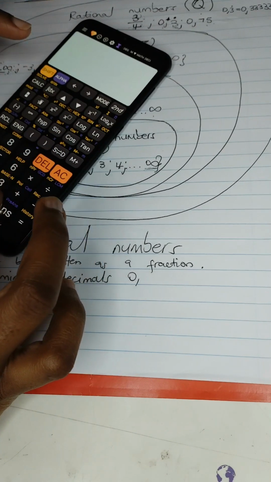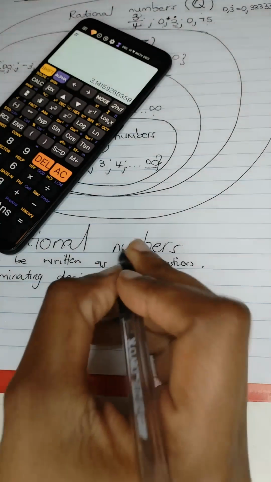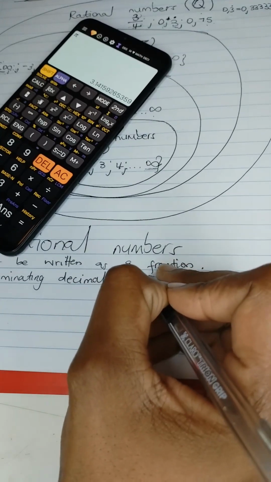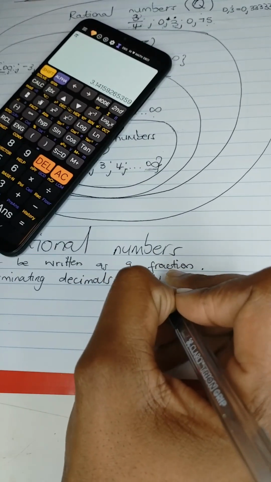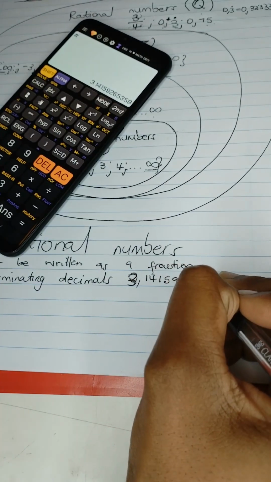Pi is also an irrational number. The value of pi is 3.14159265. You see, I'm writing.